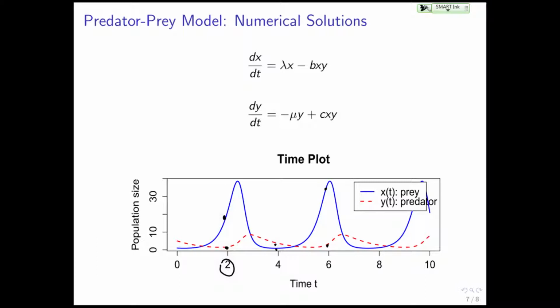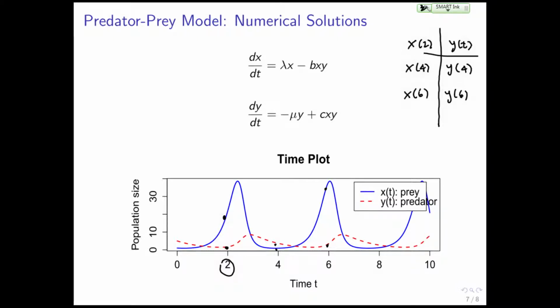So at each time step, there is a value x of t and y of t, right? So you could think, if I write here x of 2, y of 2, and then x at 4, y at 4, and then x at 6, y at 6, you could see where this is going.